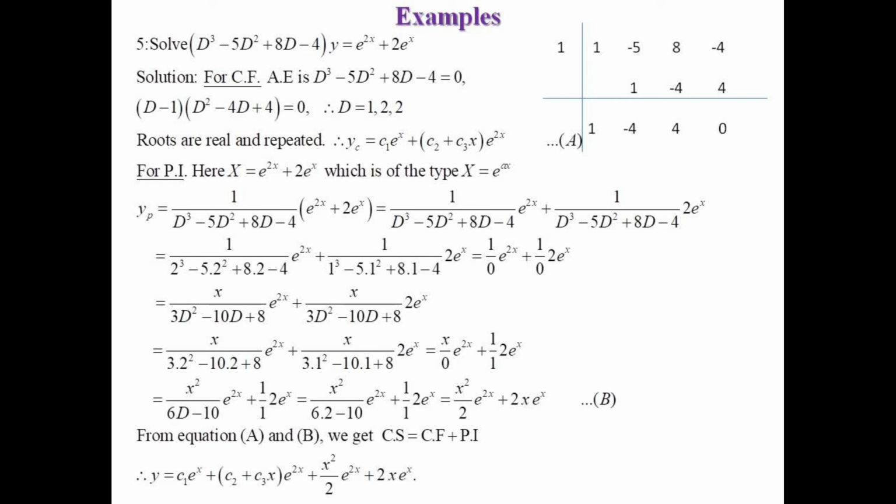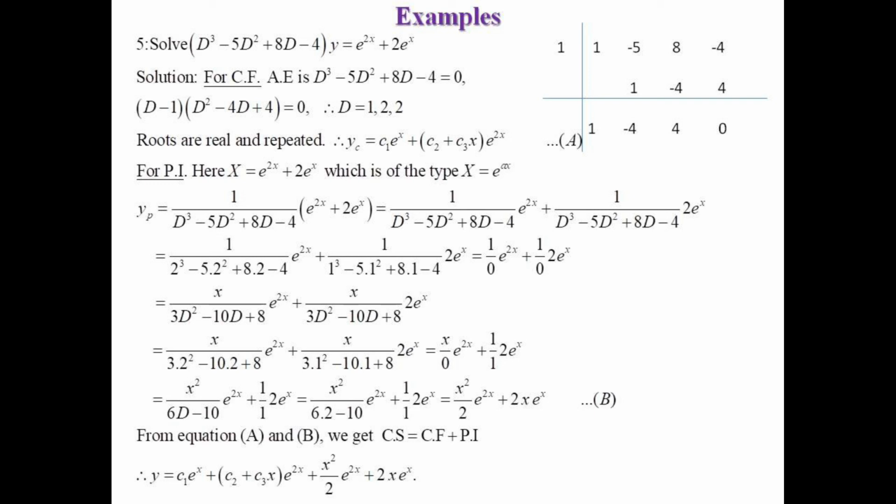We know that this is a cubic equation, so apply the synthetic division method. First write down the D terms in decreasing power of D. The coefficients of the cubic equation are 1, minus 5, 8 and minus 4. Let's check whether D equal to minus 1 is a factor. It is a factor if the sums of alternate coefficients are equal.